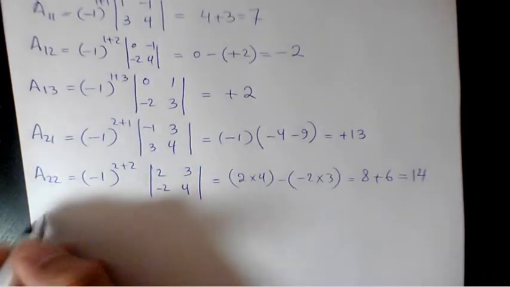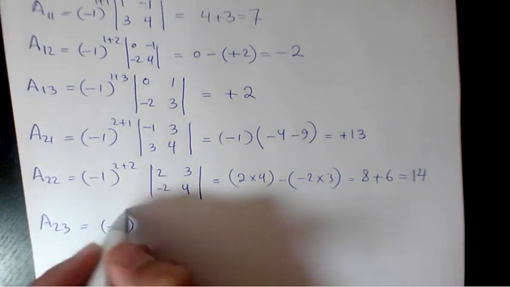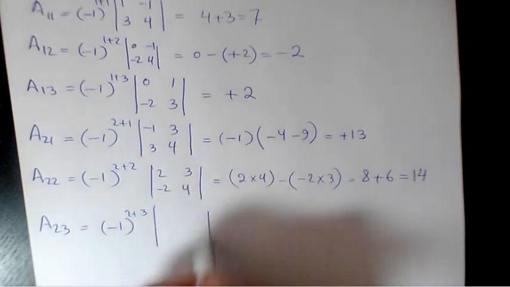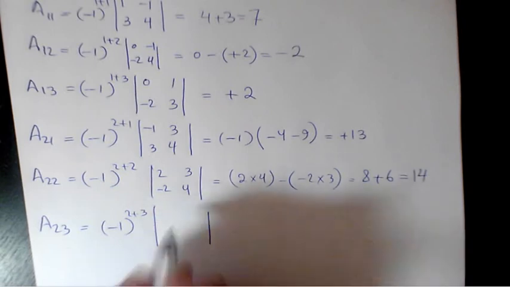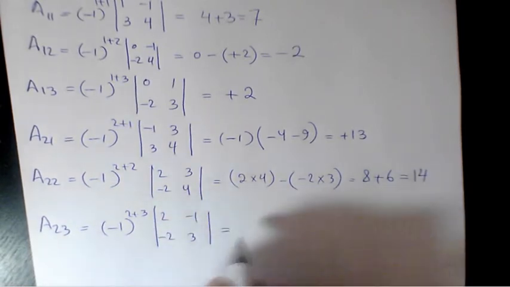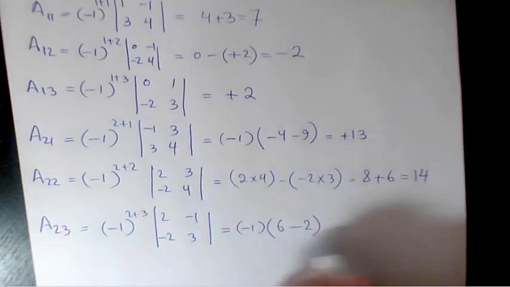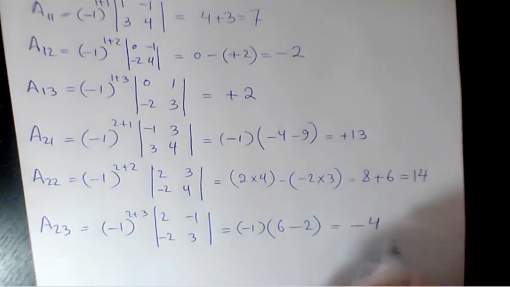Next one, A23, negative 1 to the power of 2 plus 3, 2, negative 1, negative 2, and 3, which is going to be negative 1, 6 minus 2, which is 4, that's going to be negative 4.